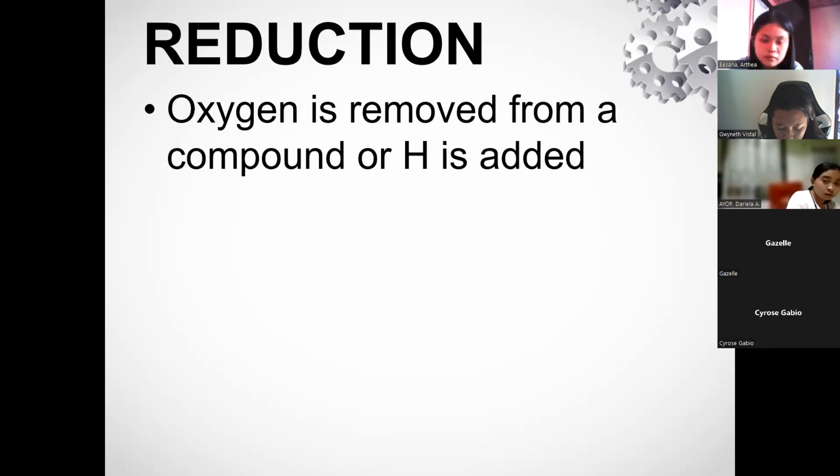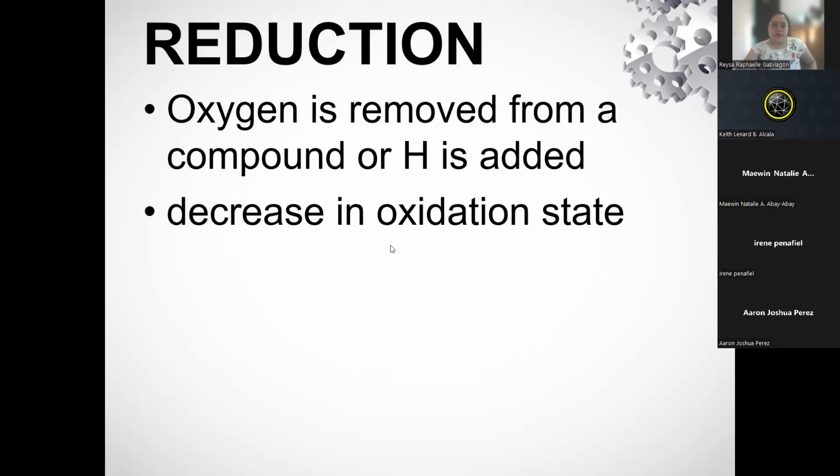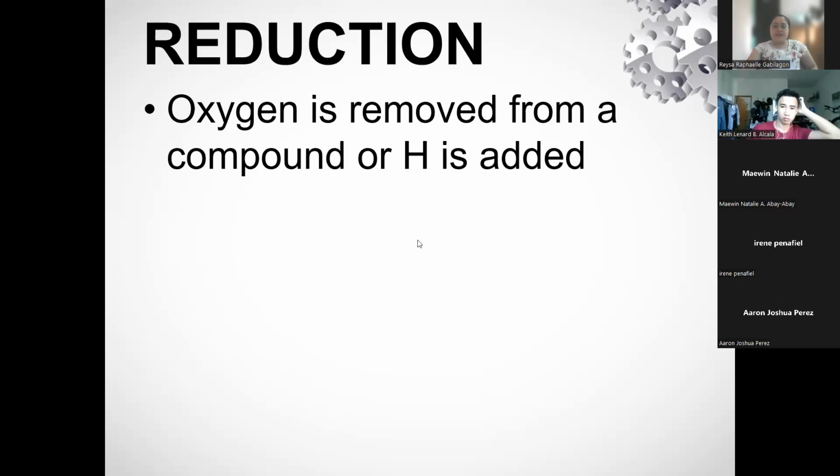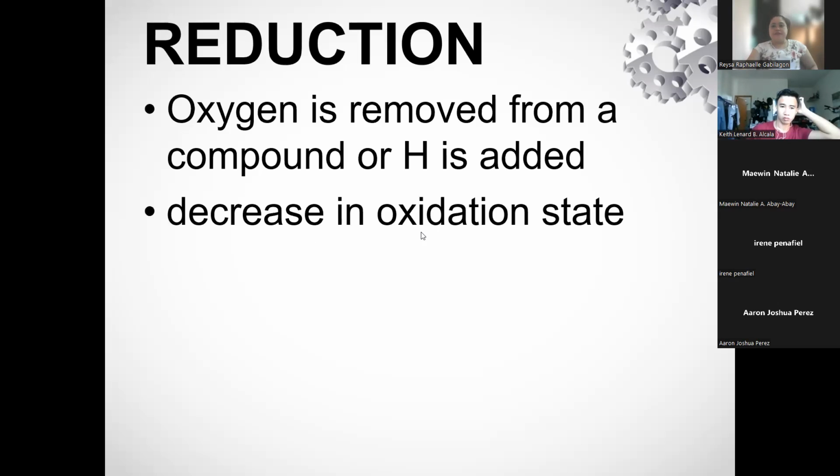Or if we add hydrogen in the compound, reduction pa rin ang tawag nun. Okay? And nakita nyo kanina, in the case of oxygen, from 0, it becomes -2. There is a decrease in the oxidation state. Yung charge nag-decrease. Okay? So yan yung tinatawag natin na redox reaction.